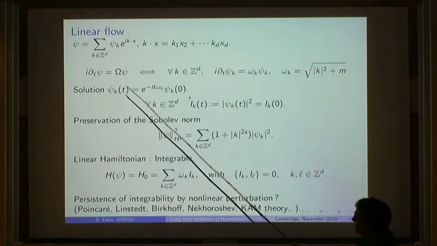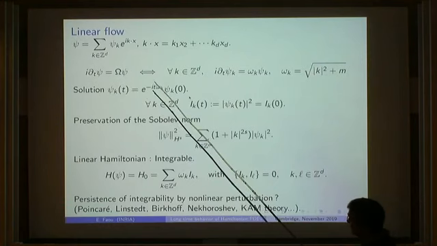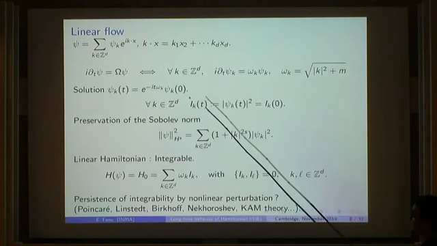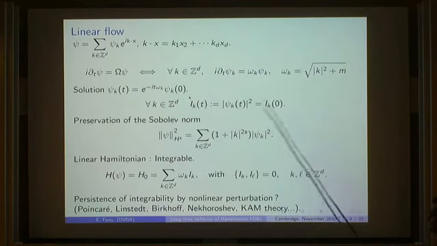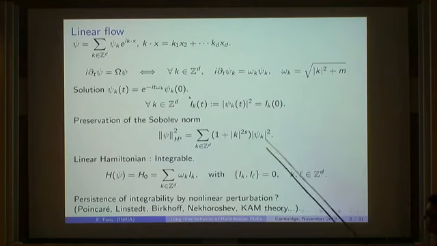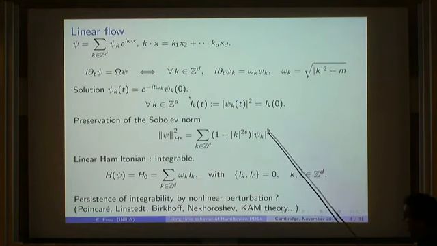And of course, you can write down explicitly the solution, and you see that the moduli of the Fourier coefficient is constant along the flow. So it's just a superposition of harmonic oscillators that do not interact. And this preserves the HS norm, because if you look at the HS norm in Fourier, it is essentially driven by the sum of the Fourier coefficients, and this does not move.